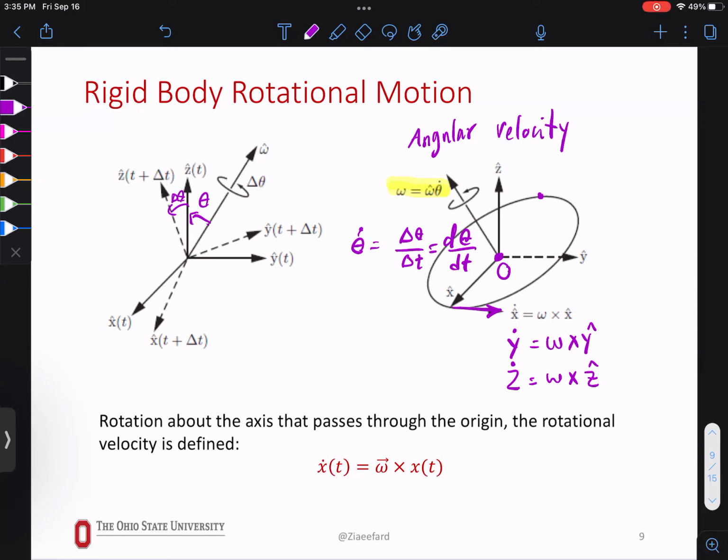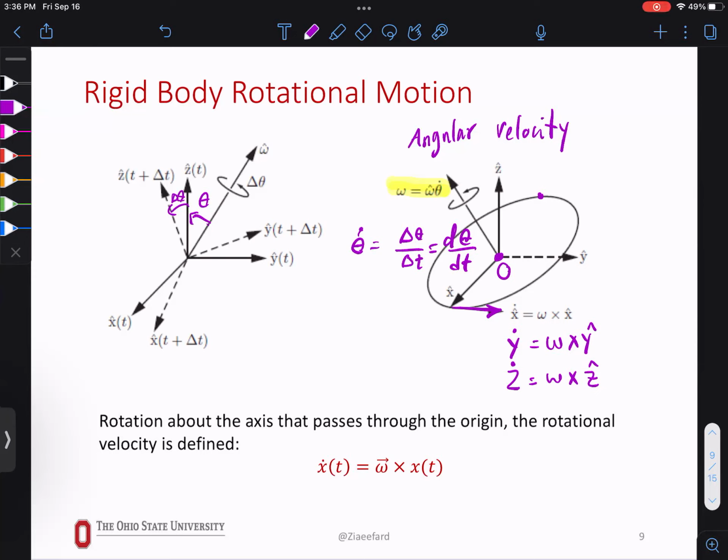Now you see that the axis is passing through your origin. This is really important to understand and to identify: whether the axis of rotation is passing through the origin of the reference frame in which you're measuring your velocity. If that's the case, then you can write the velocity as x dot of the vector x equal to omega cross product x.